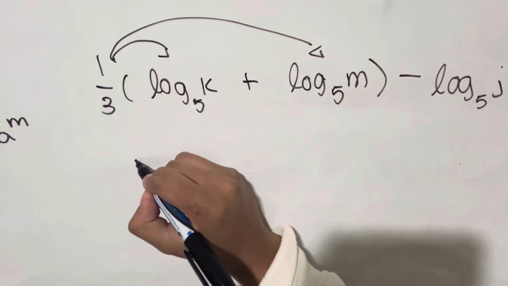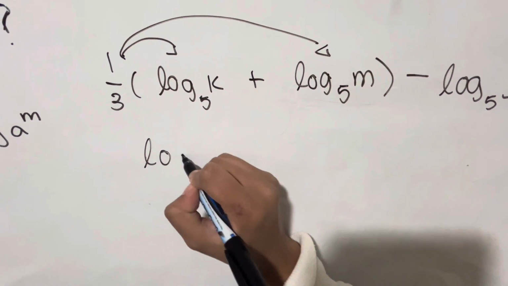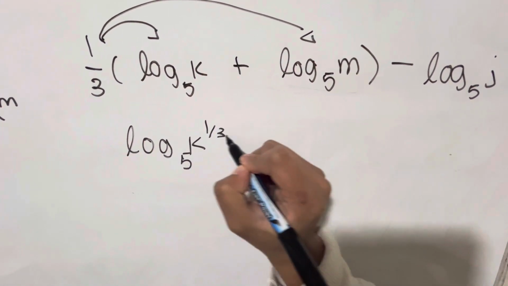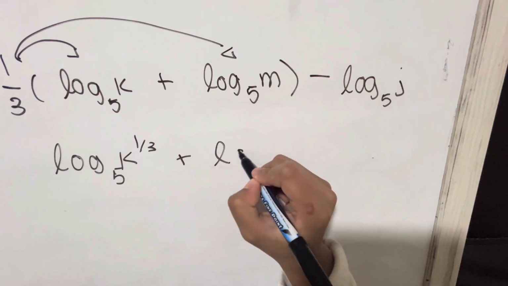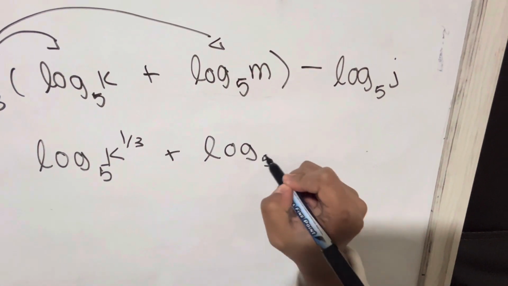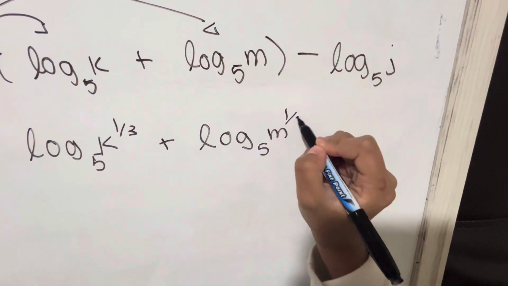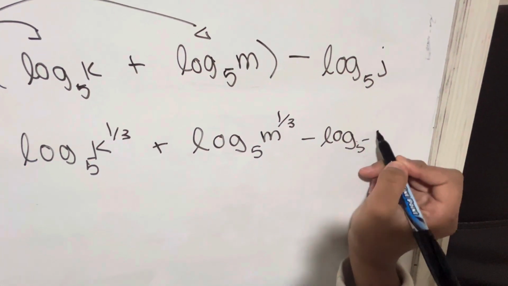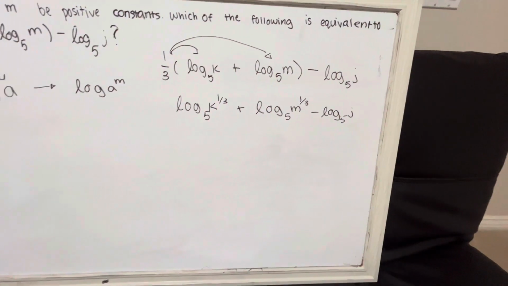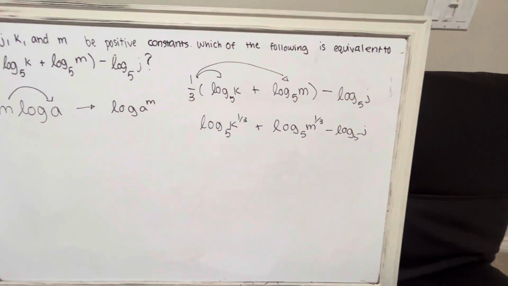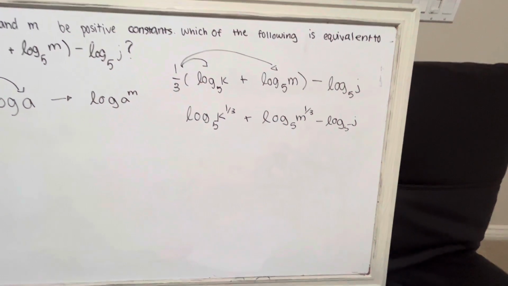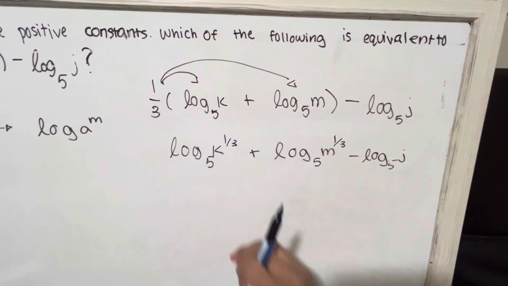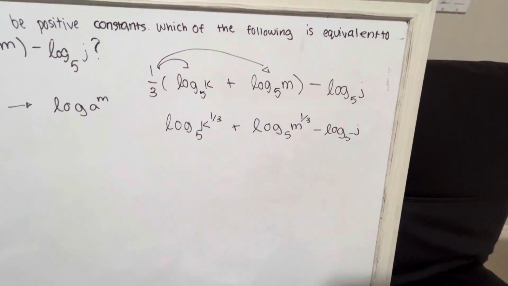So it's going to look like log base 5k to the power of 1/3 plus log base 5m to the power of 1/3 minus log base 5j. This looks a lot smaller and cleaner, but when you have something to the power of 1/3, it's also saying the cube root of something.